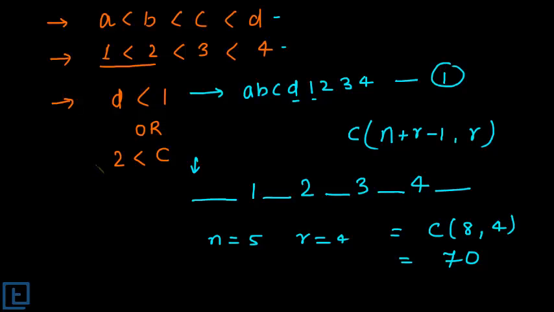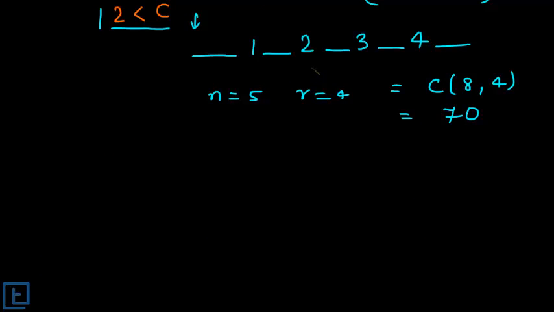Okay, so now we will subtract those cases in which 2 less than C is violated. Here you need to understand that what we are doing is, first of all, selecting 4 places, and then we are placing these A, B, C, D in sequence. So this sequence we are always considering.